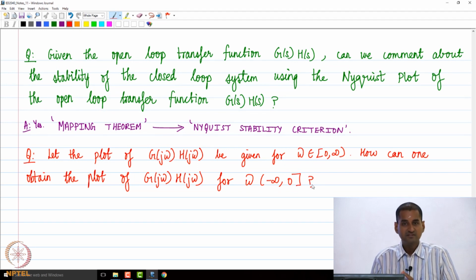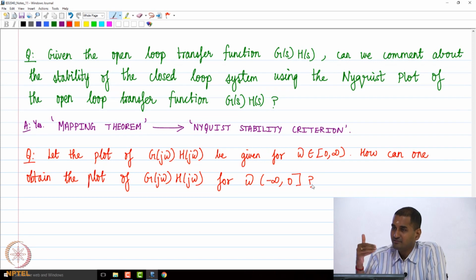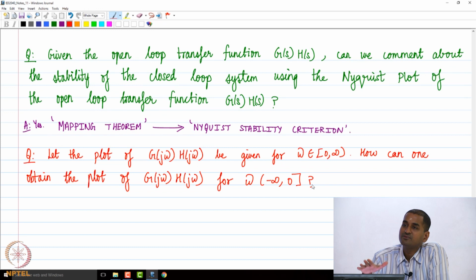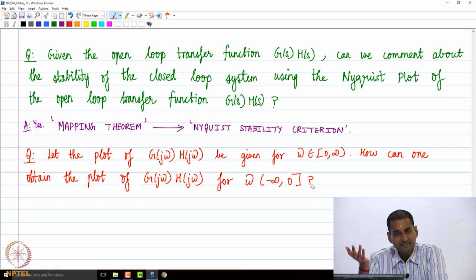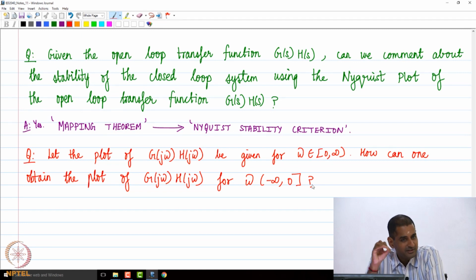The Nyquist plot, by definition, is a plot of any transfer function by substituting s equals j omega, with omega going from 0 to infinity. That is the definition. But let us now look at omega as a parameter, rather than associating the meaning of frequency.